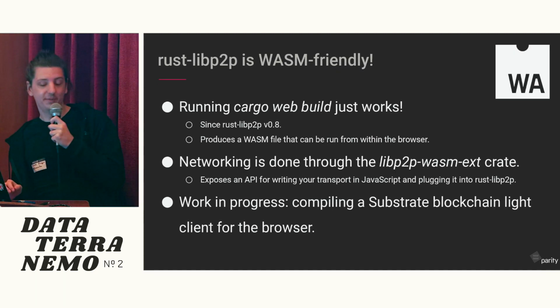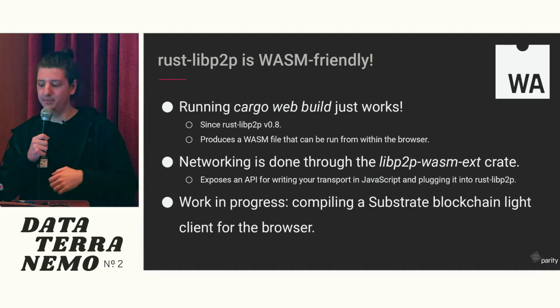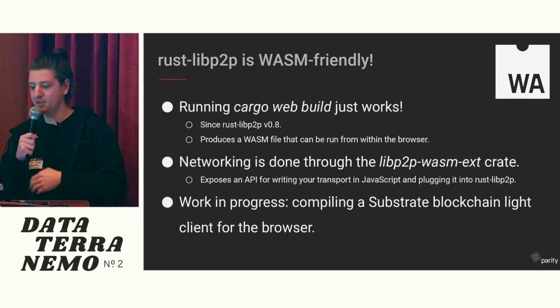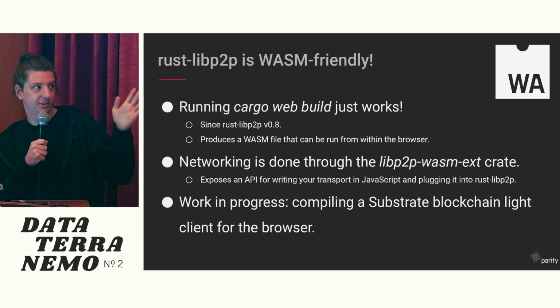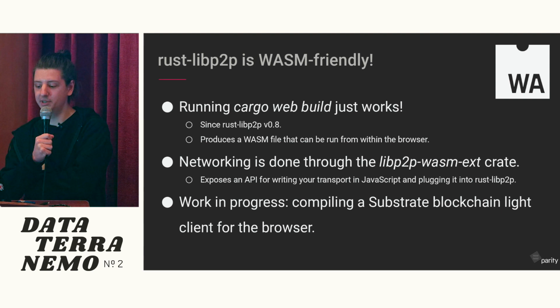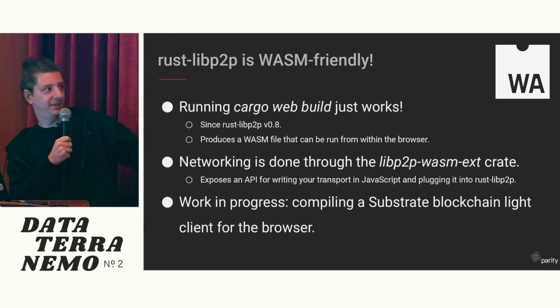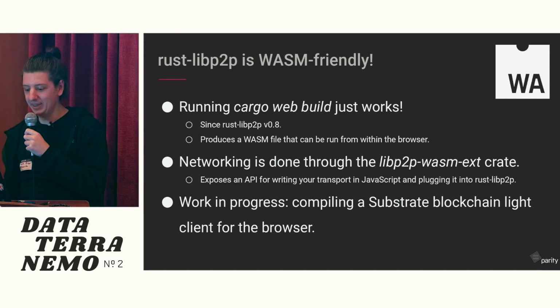Rust DP2P is WASM-friendly, by which I mean compiling for the browser. Depending on your knowledge of Rust, you may or may not know that you have this command, cargo web. And if you run cargo web build in the Rust DP2P repository, it just works. There's no trickery involved. You run the command and you get a WASM file. That's only available since the latest version.